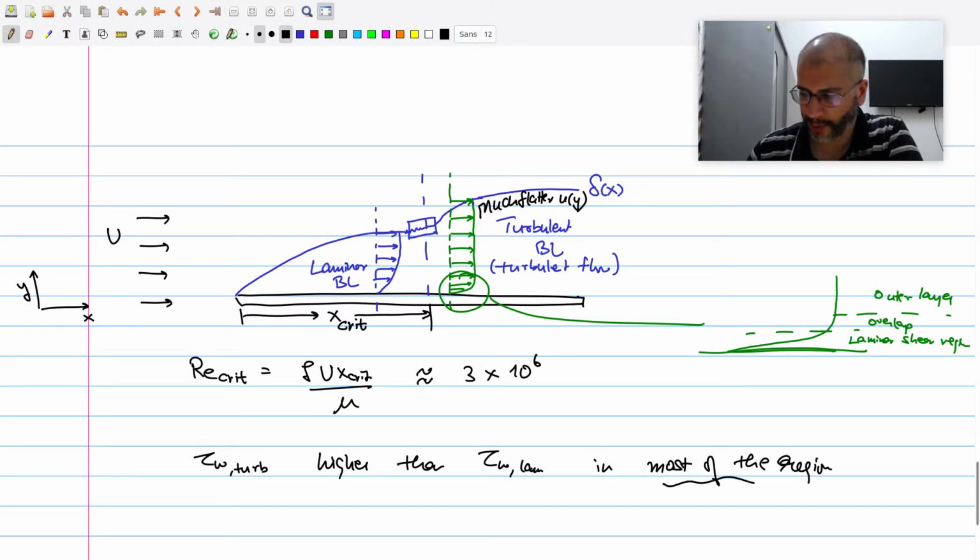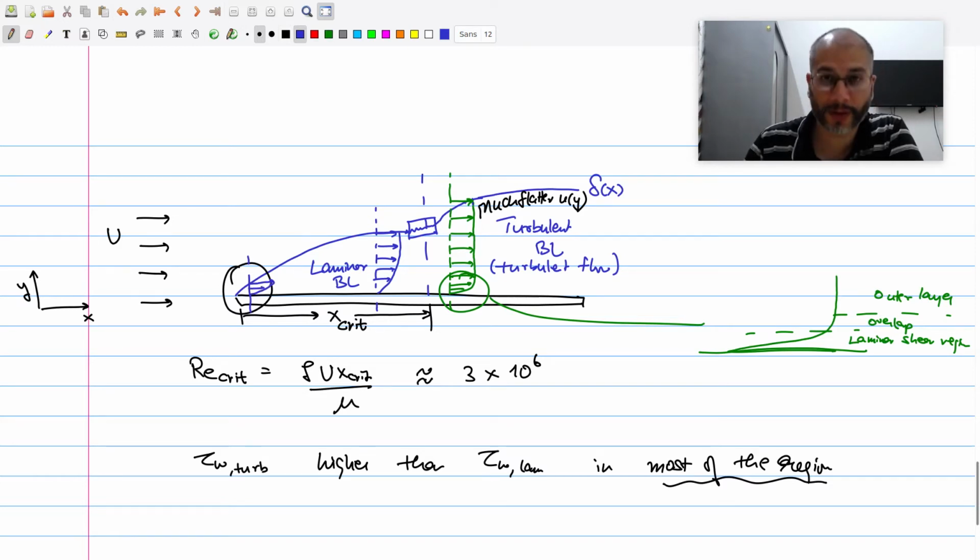The reason I write most of the region is because if you talk about this region of laminar boundary layer in the beginning, there the flow has to go from 0, let's say we're talking about this distance x, then the flow has to go from 0 to u in this smaller distance.